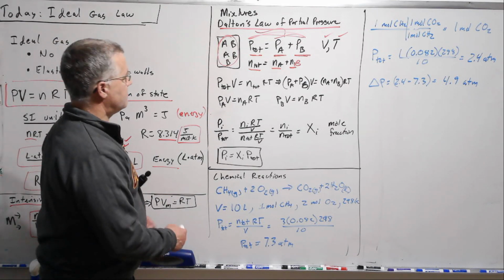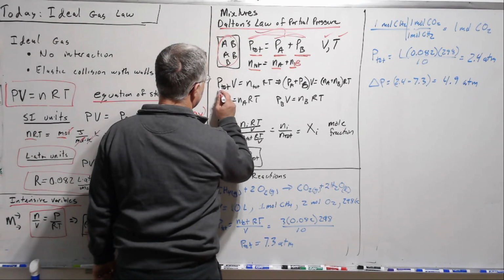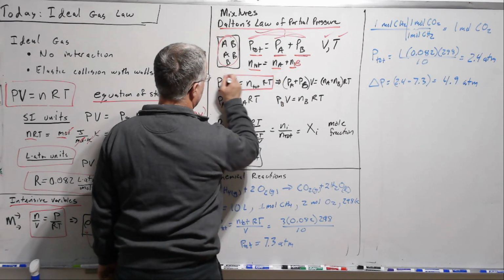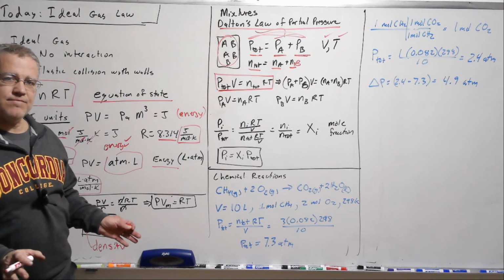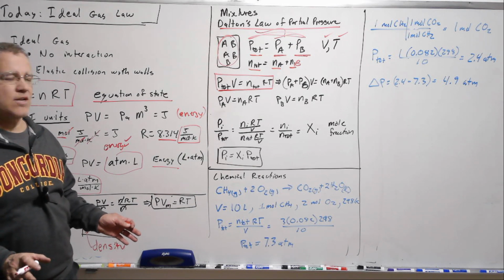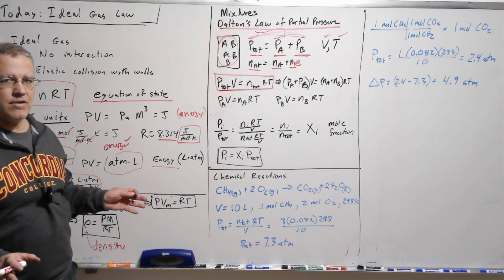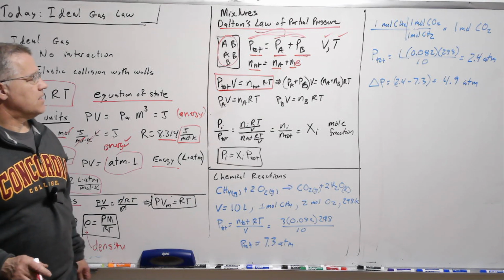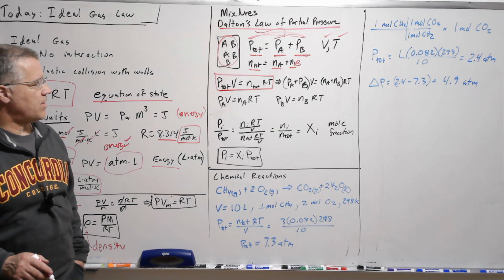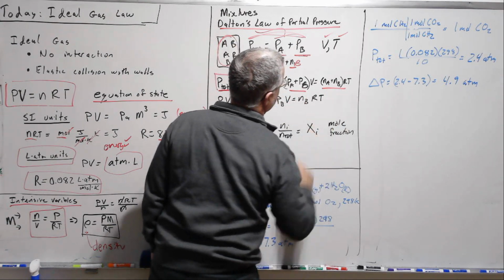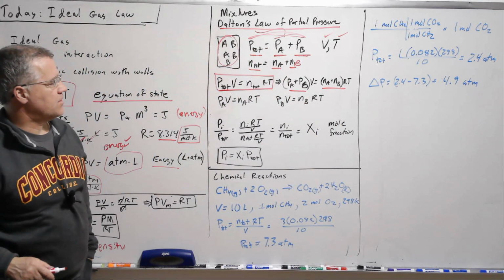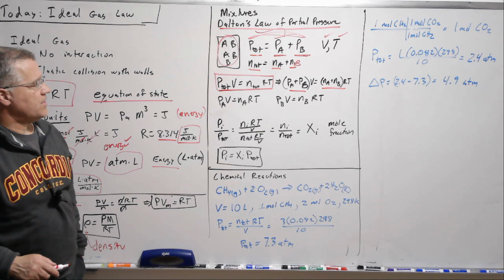Okay, let's carry this out. Let's write the ideal gas law in terms of just the total number of particles. Again, from the ideal gas law perspective, an A and a B are irrelevant, because of no interaction. So then we'll use Dalton's law here, and we'll use the total number of moles on this side.